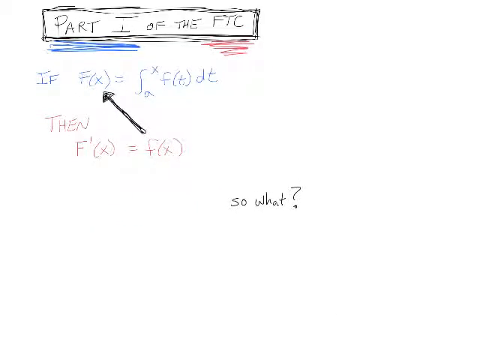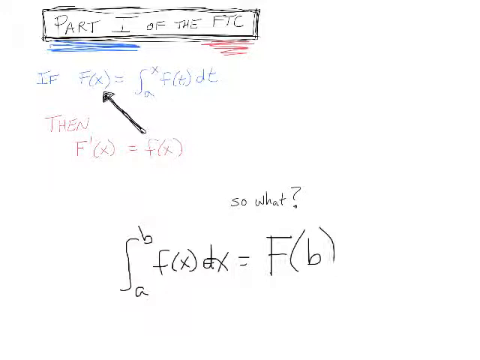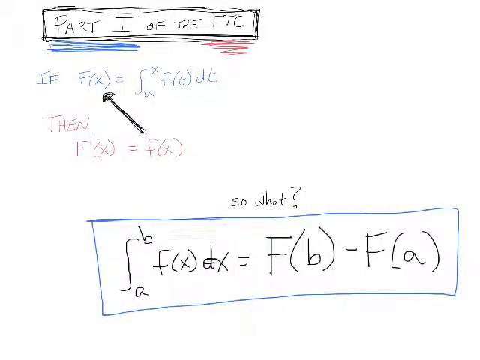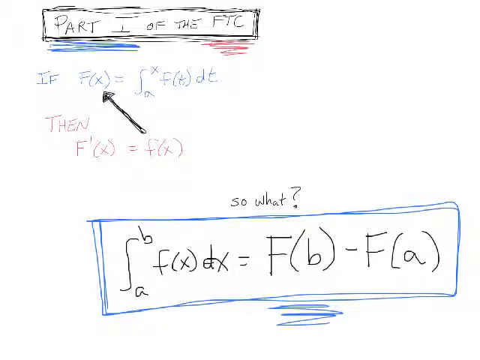The second part allows us to state that the integral from a to b of f of x dx is equal to the antiderivative at b minus the antiderivative at a, thus giving us a way to evaluate a definite integral if we're able to find the antiderivative. In the next skill, we'll focus more on the second part, but let's focus a little on part 1 and see what we can do with that.